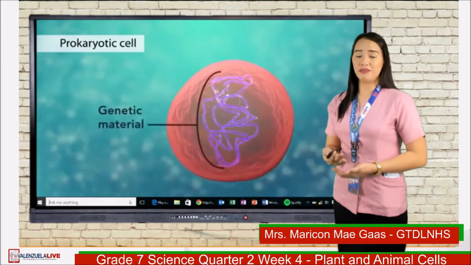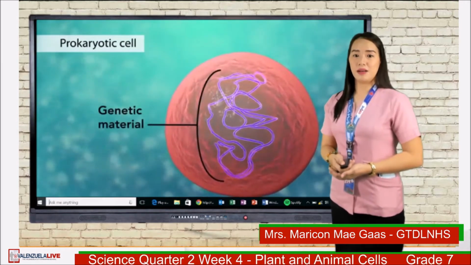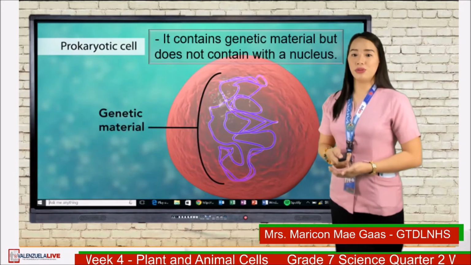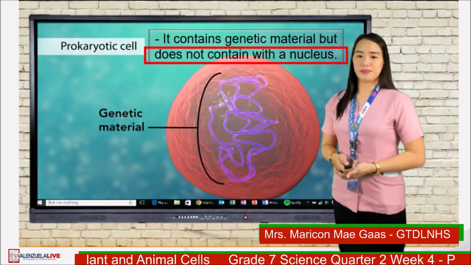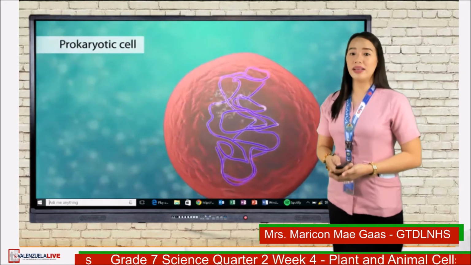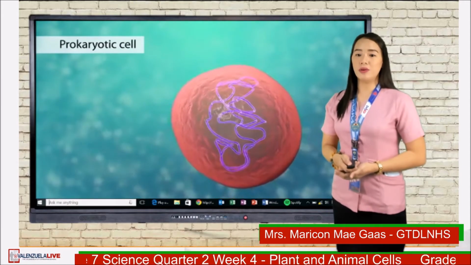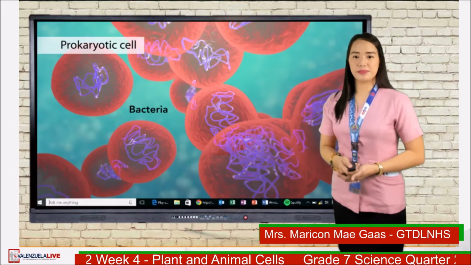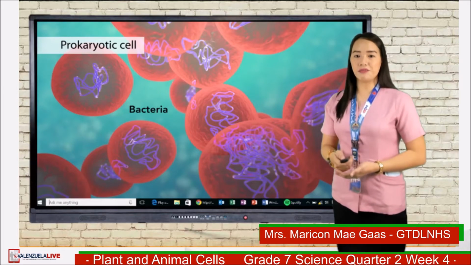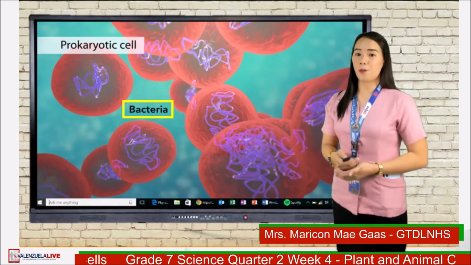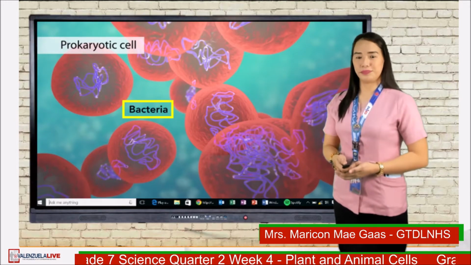They do have genetic material, but it is not contained in a nucleus. A prokaryotic cell is always one cell, or a unicellular organism. A lot of bacteria out there are examples of prokaryotic cells.